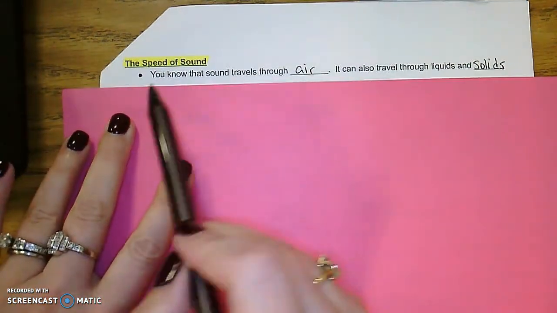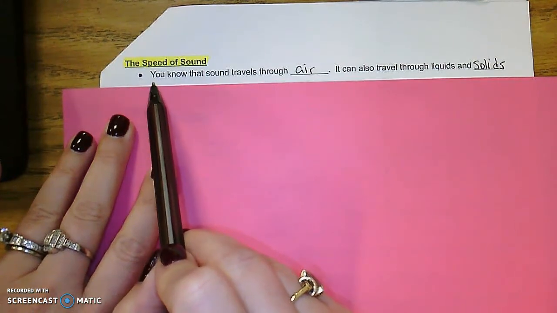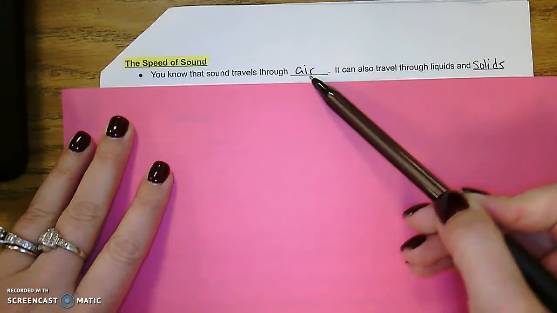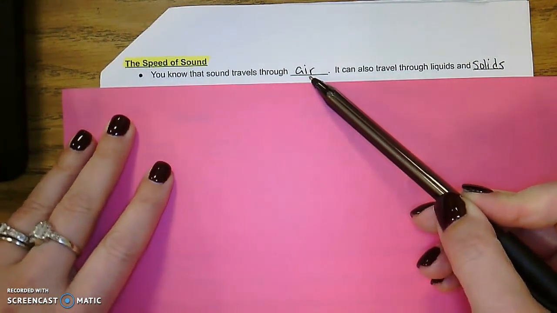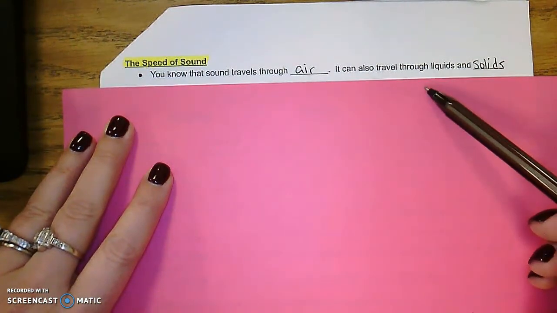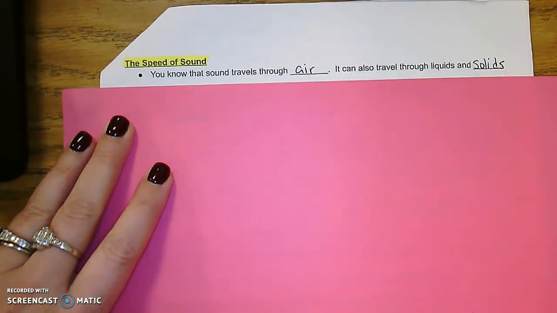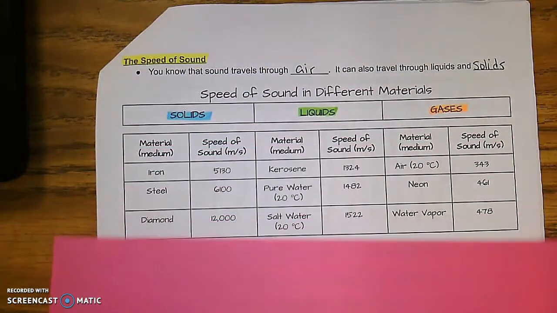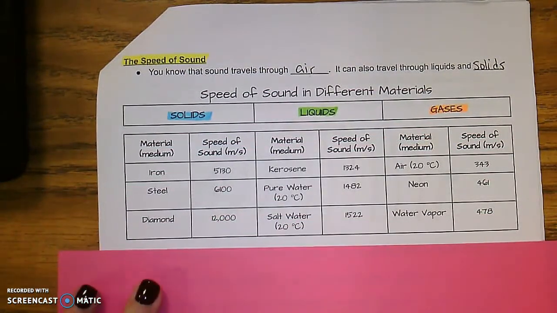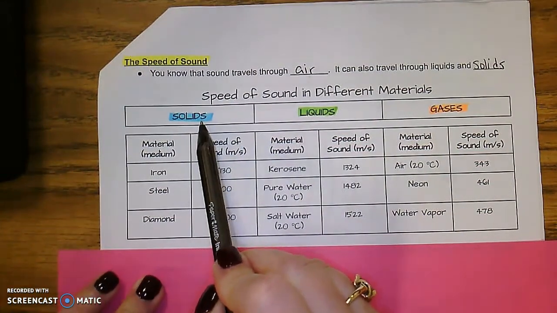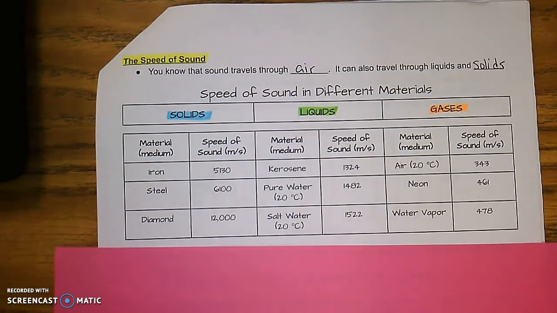And so the first thing that we've got is, you know that sound travels through air. And that's something that we definitely all know, because that's how we typically hear sound, is through the air. But sound can also travel through liquids and solids as well. So we have this chart right here. And I want you to go ahead and highlight the solids in blue.